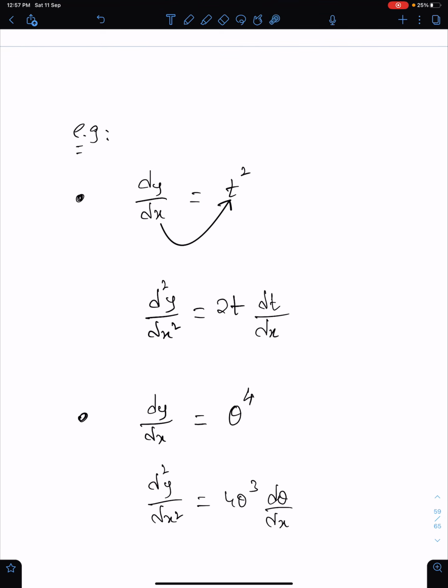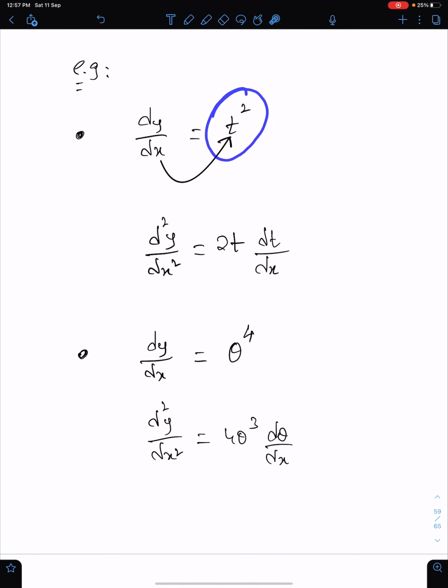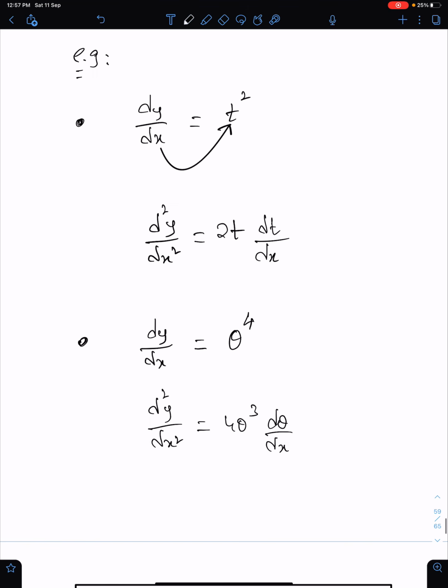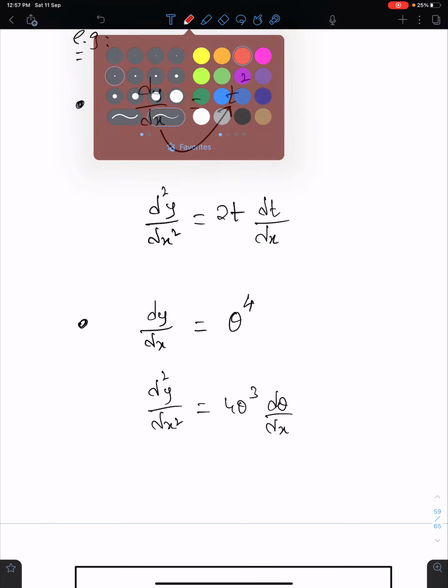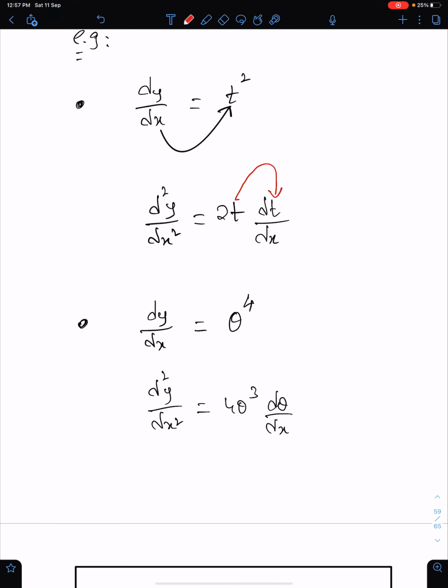See, if the question is in the form of t square, so when finding second derivative, must multiply your answer with this operator, dt upon dx. This is the way to make the operator. This variable should be here and this variable should be here.